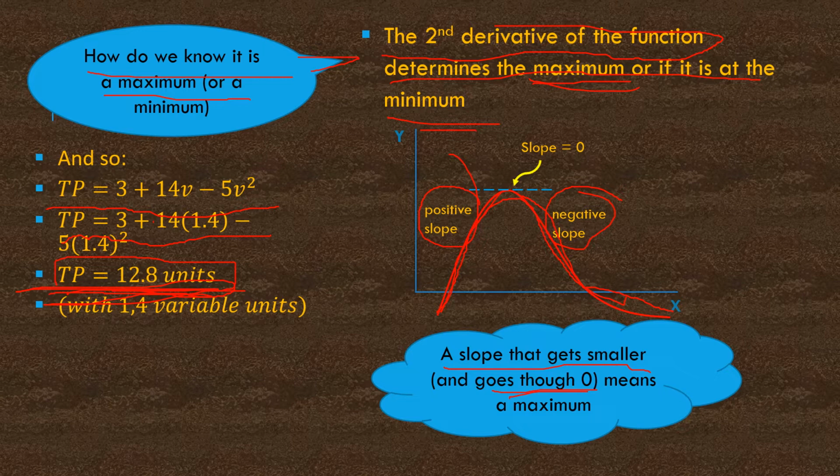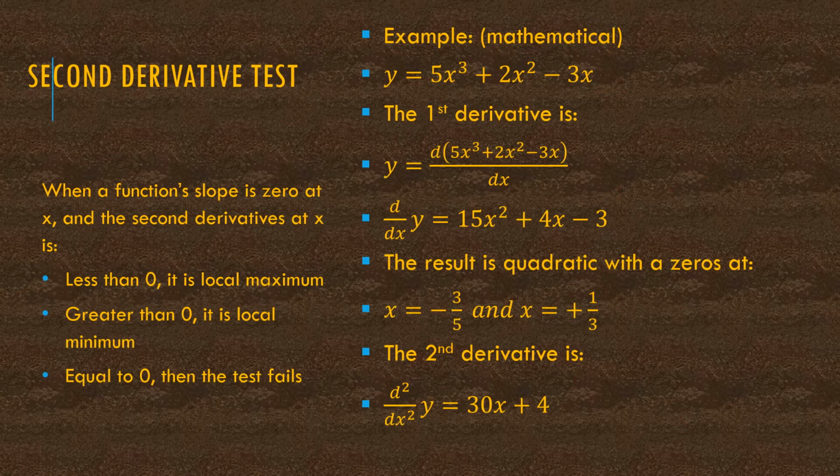So if the value of the second derivative will give you a negative value, then it is considered to be a maximum. And sabi din dito, if it is greater than 0, so anything that is positive will lead you to a minimum output, minimum cost, or minimum profit itself. Okay, so that's how you determine if it is a maximum or a minimum. So always deal with the greater than 0 or less than 0 itself.